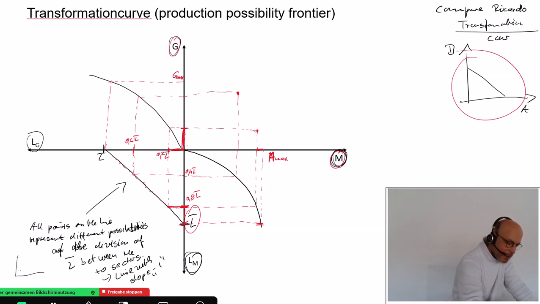Here the reduction coming from 100% to 60% has again to be smaller than the increase from 0 to 40%. Well, and this again means that we have also this concave shape of our transformation curve.